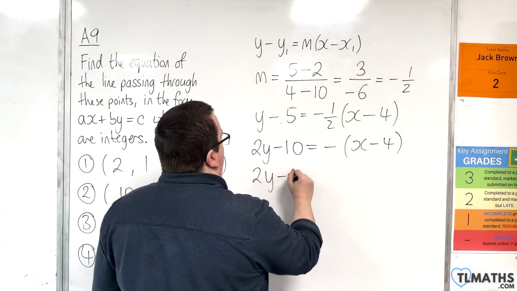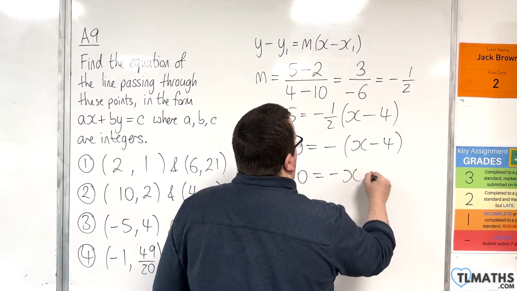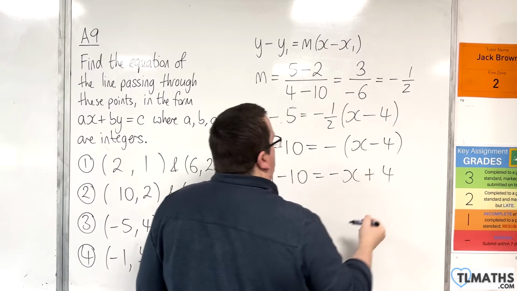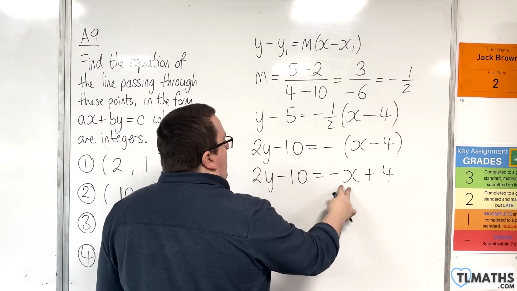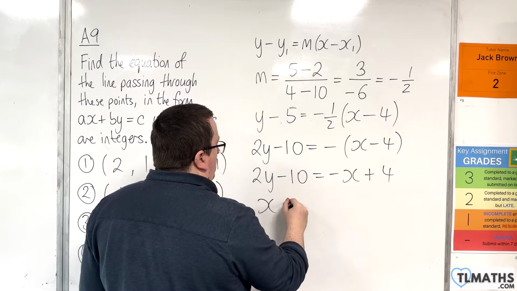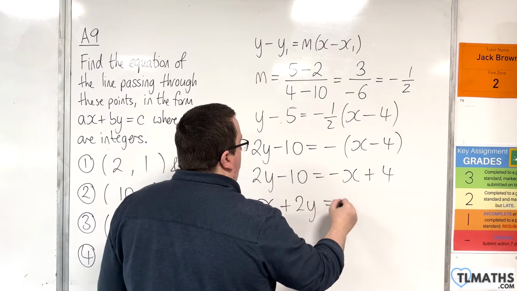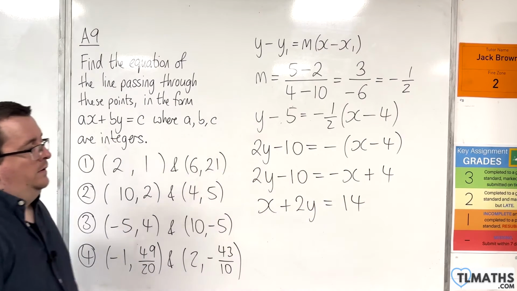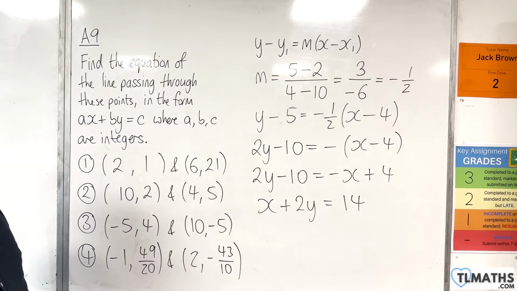So 2y minus 10 is equal to minus x, and then minus 1 times minus 4 is plus 4. Add the x to both sides, keep the 2y where it is, and add the 10 to both sides. And we get our required format.